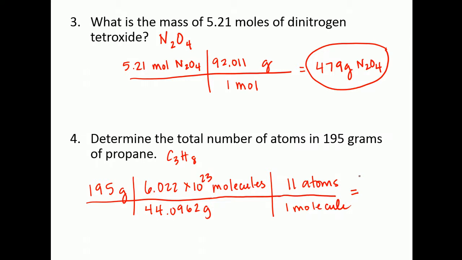If you crunch out that number, 195 times 6.022 times 10 to the 23rd, times 11, and divided by 44.0962, you should come up with 2.93 times 10 to the 25th atoms.